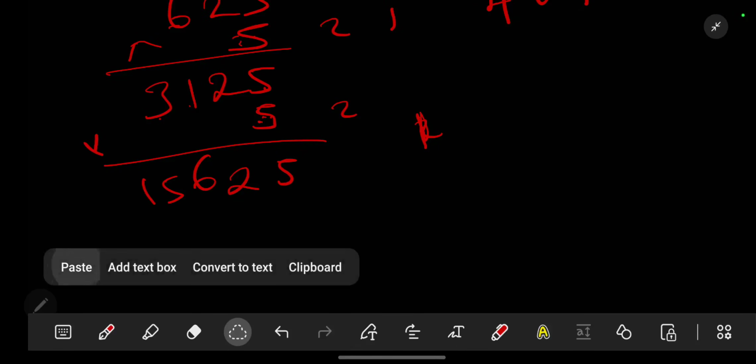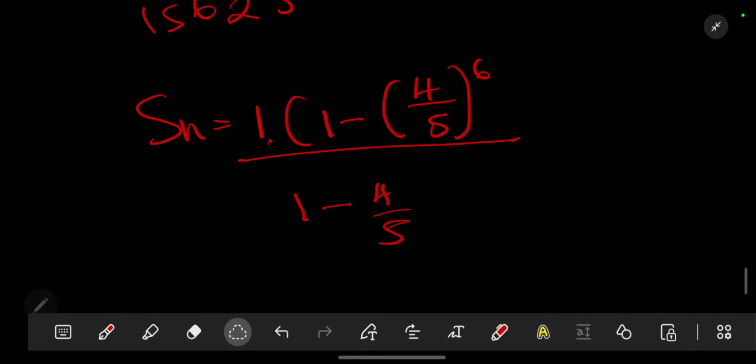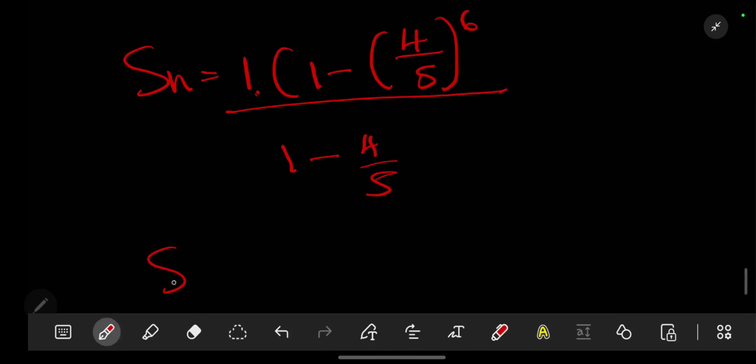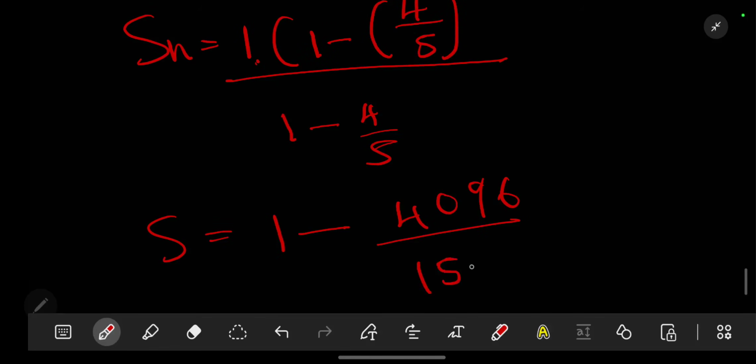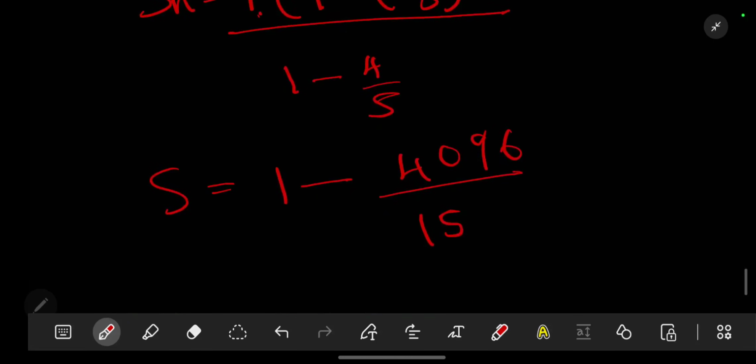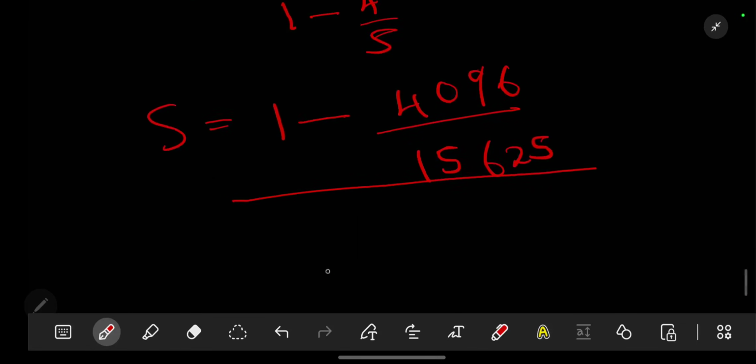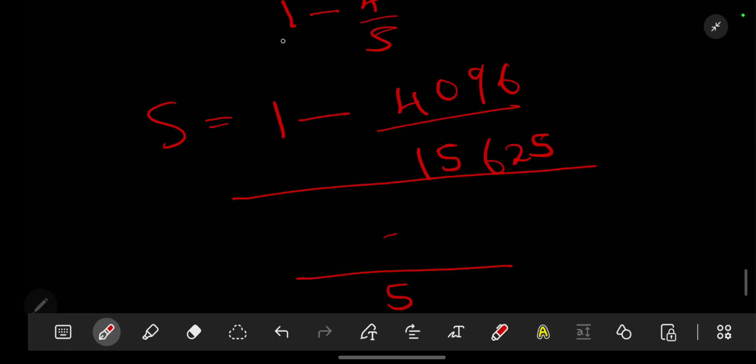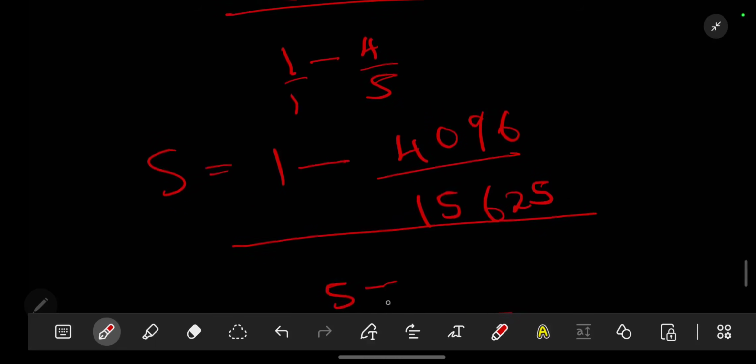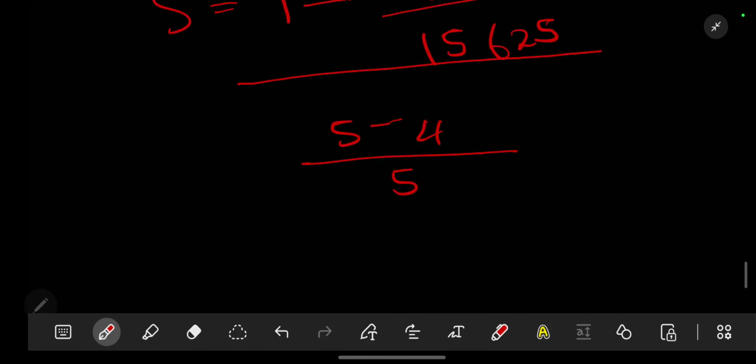We are going to have the sum of the 6 terms equal to 1 minus 4 to the power 6, which is 4096, over 5 to the power 6, that is 15,625, over, the common denominator here is 5. 5 divided by 1 is 5, times 1, that will be 5, minus 5 divided by 5 is 1, times 4, that will be 4.